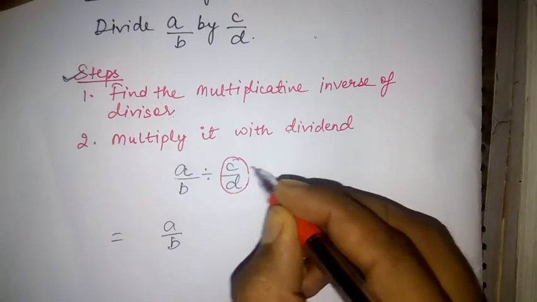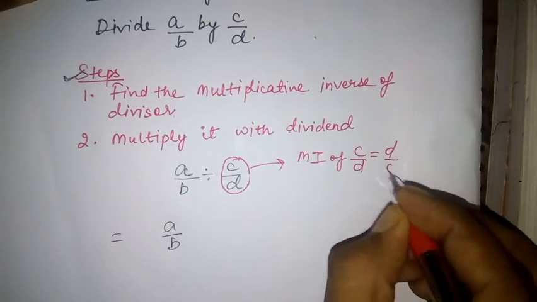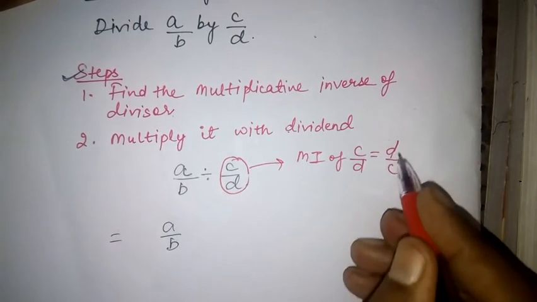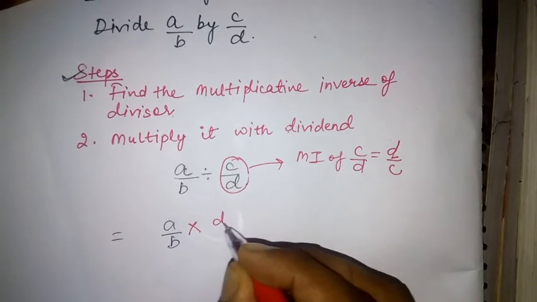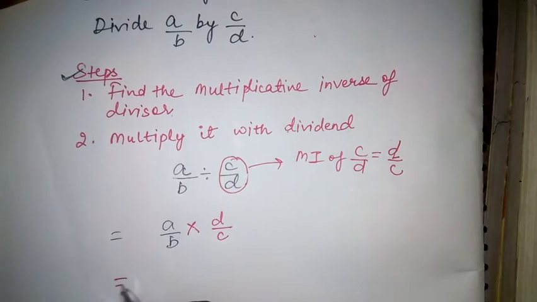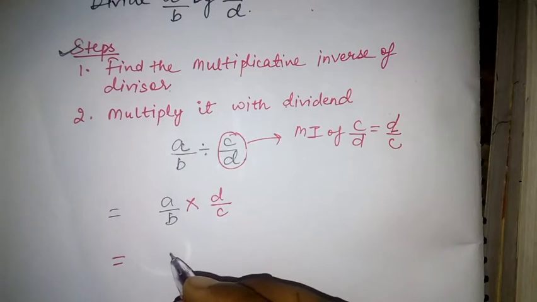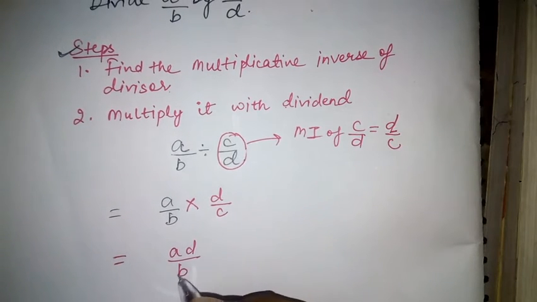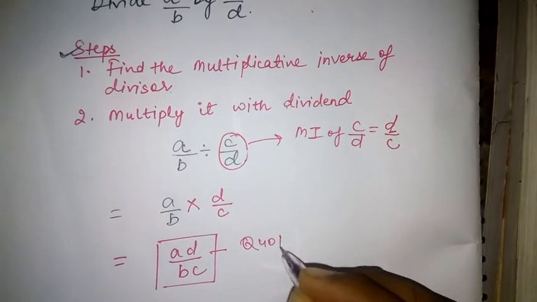We know that the multiplicative inverse of c by d is d by c. After getting the multiplicative inverse, we will multiply it with the dividend. Now we know how to perform the multiplication. We will get AD upon BC. This is our quotient.